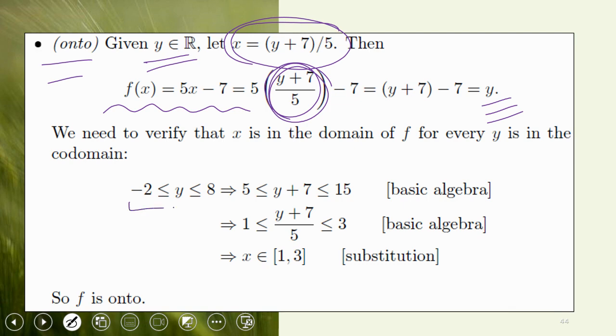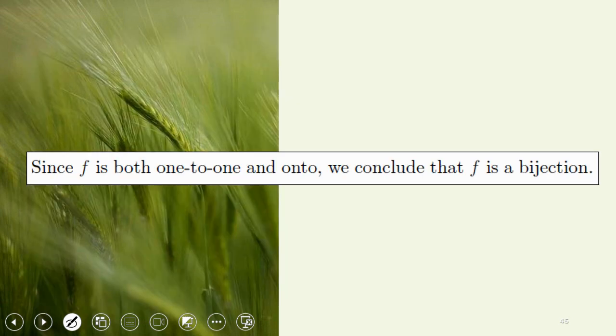So we begin with the restrictions for y. If you add 7 to each side, you come up with this. If you divide by 5, you have this. This means that x is confined to the closed interval from 1 to 3. So f is onto, because that was our domain. Since f is both one-to-one and onto, we conclude that f is a bijection.